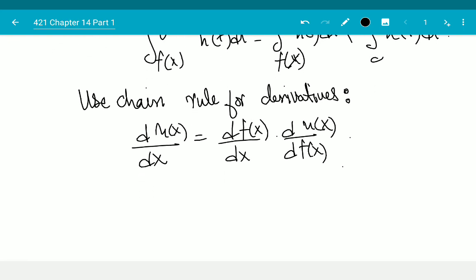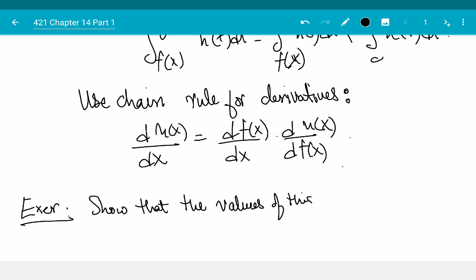Okay, let me give you one more problem to think about. Exercise: show that the values of this expression do not depend on x.